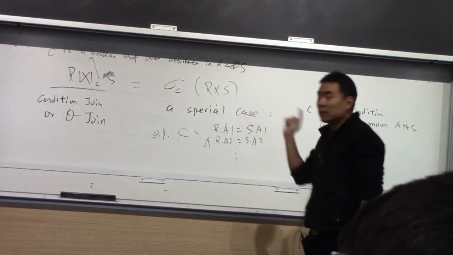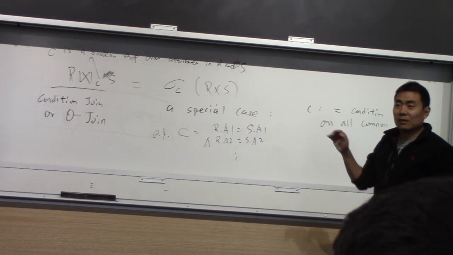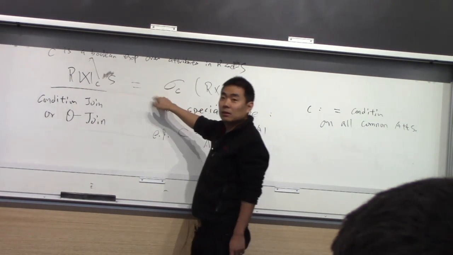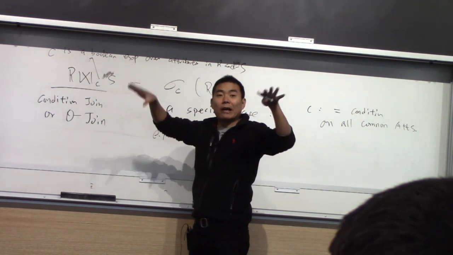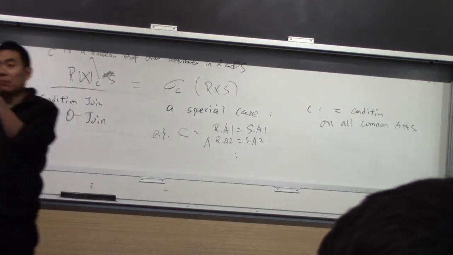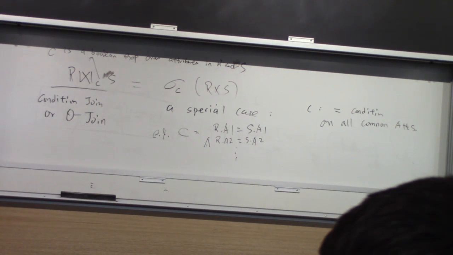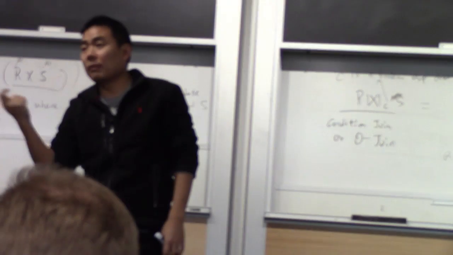Well, just look at the definition. They're still not the same. Why? Because there's no projection at the end, meaning a theta join always keeps all attributes from the cross product, whereas natural join keeps everything from the cross product but removes one copy of the common attributes.